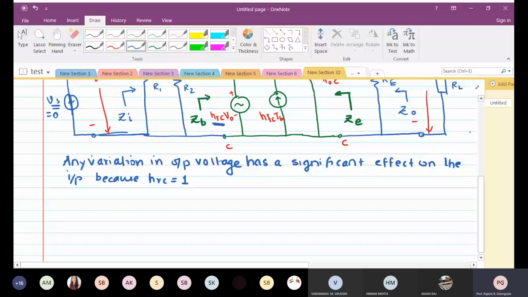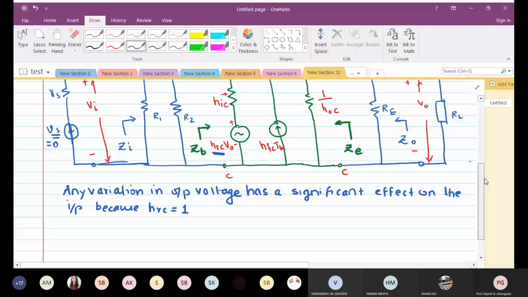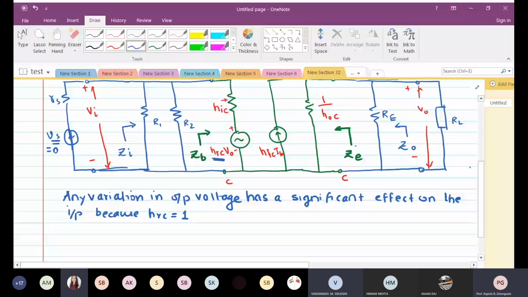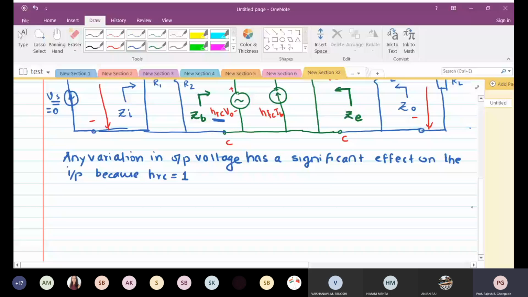So the device input impedance, now what is the device input impedance here? That is ZB, which we have already derived. What is the device output impedance? Look at the figure. ZE. If I want to find out the impedance, what should I do?